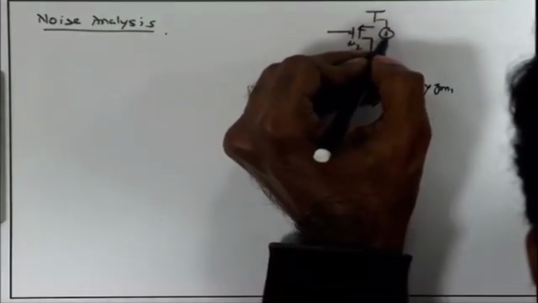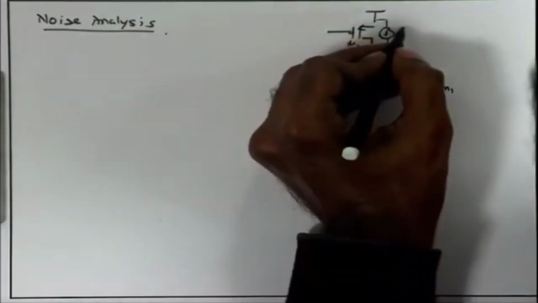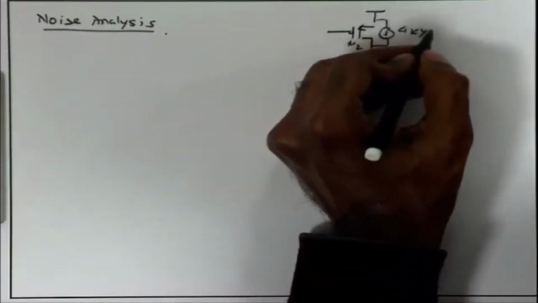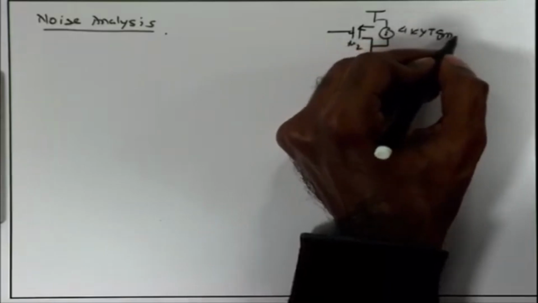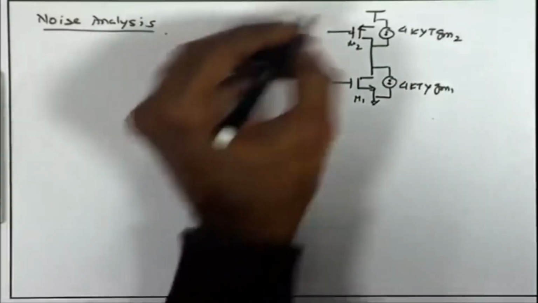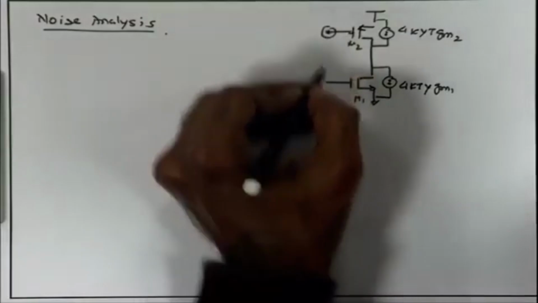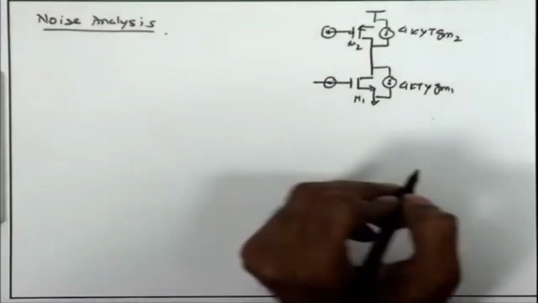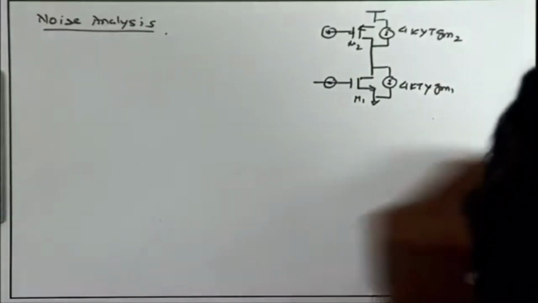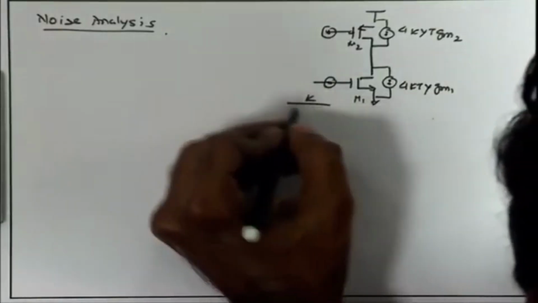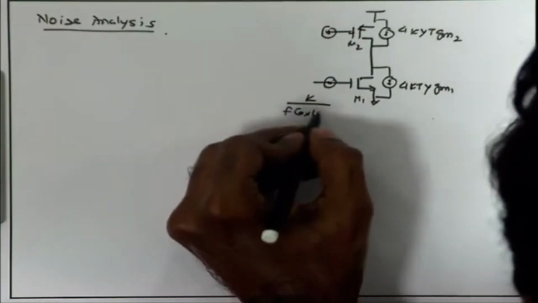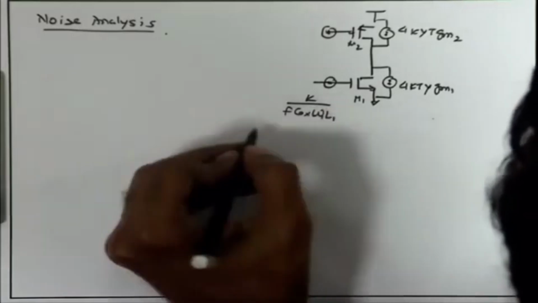And likewise, you have the channel current noise for M2, again 4 kT gamma GM2, and likewise you have the noise voltages, the 1 upon f noise sources, K upon f COX W1 L1.